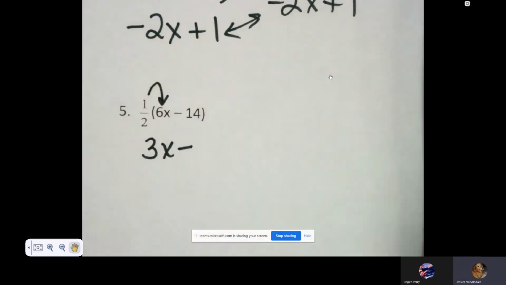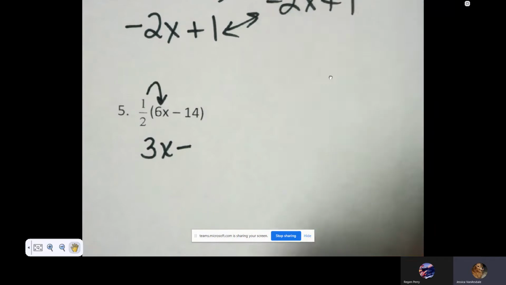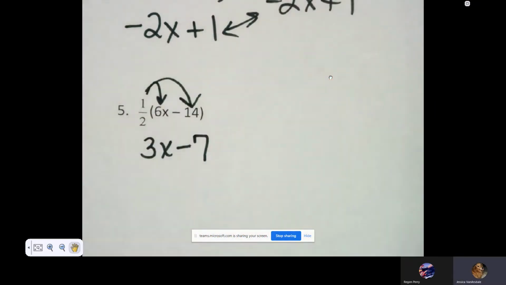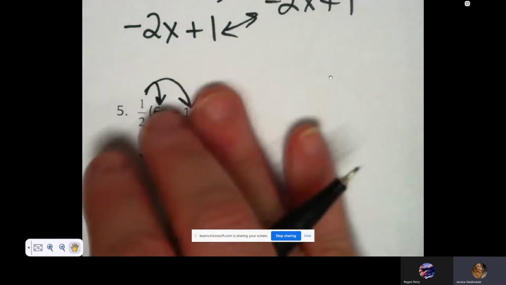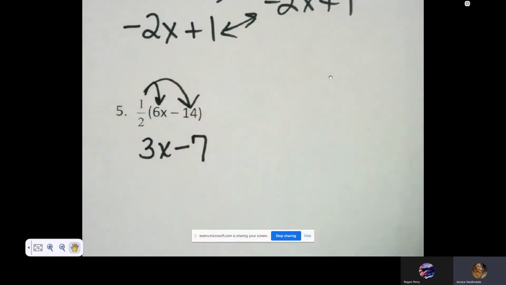And then you're going to do 1/2, 1 ABC 2, multiplied by 14. Does everybody see what we're doing here? I'm just teaching you how to do fractions on the calculator so that it's easier. This is an easy one. Like Lyle said, this is just 6/2 and 14/2, and you can probably do that in your head. But if you notice on the next page, there's a 2/3, there's a 3/4. It gets to the point where it's not as easy to do it in your head.